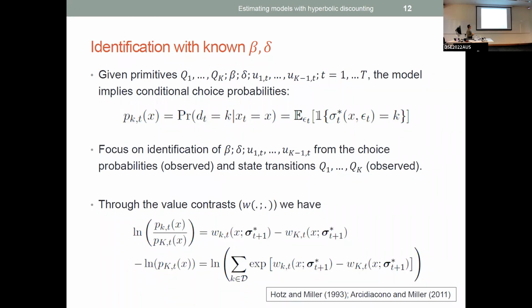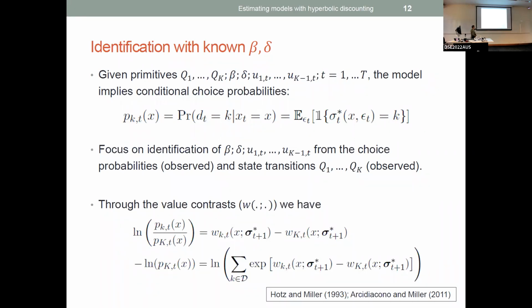So we start with the CCPs. The data gives us the CCPs, defined here; you are all familiar with it. And we focus on the identification of, this is the ultimate goal, the discount factors along with the utility flows from the choice probabilities, which are observed, and the state transitions Q, which are all observed.